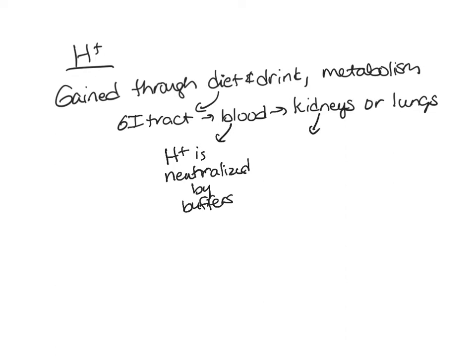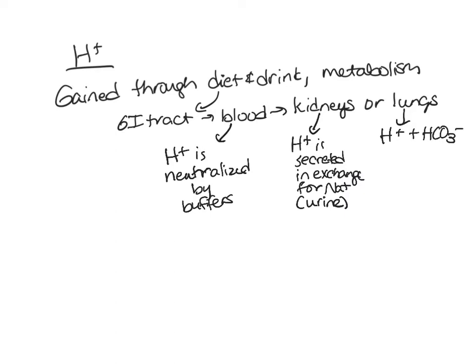In the kidneys, hydrogen is secreted in exchange for sodium, so it'll end up in the urine. And at the lungs, hydrogen combines with bicarbonate to produce carbonic acid, which will dissociate into carbon dioxide and water. Then carbon dioxide is eliminated through your breath as you breathe out.